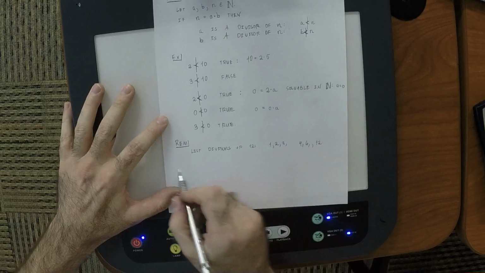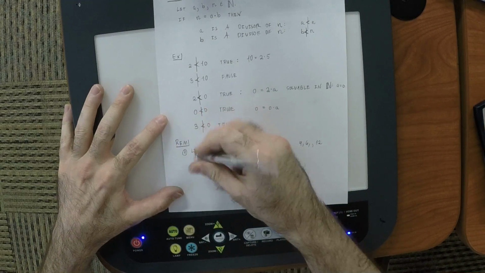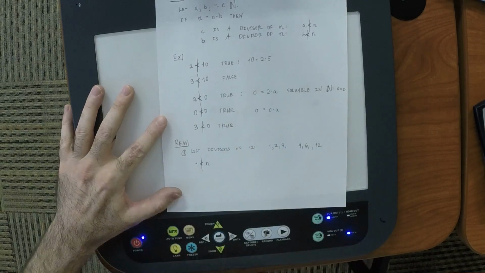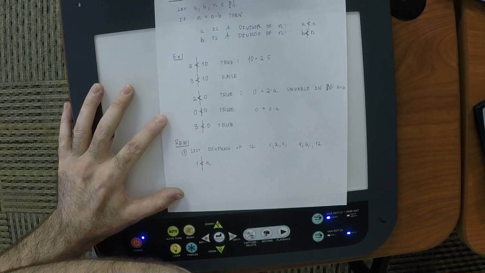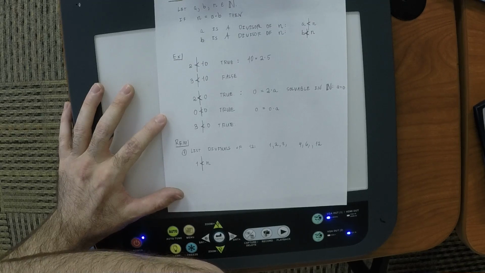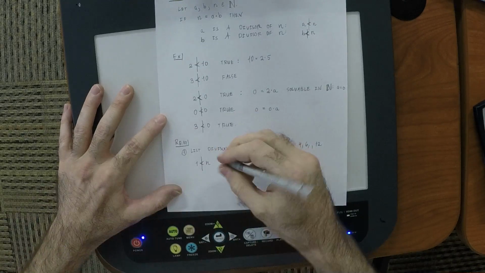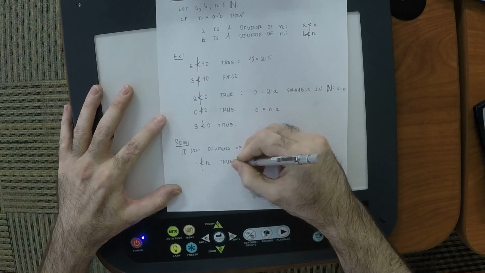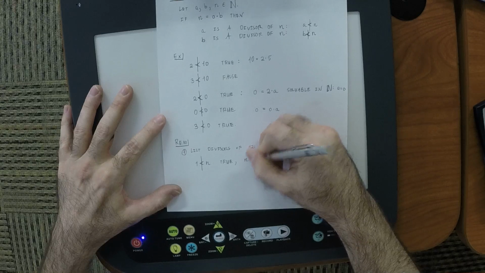So because of that, how about this? Does 1 divide n? Is 1 a divisor of n, for any natural? It is, right? So this is true. And is n a divisor of n?